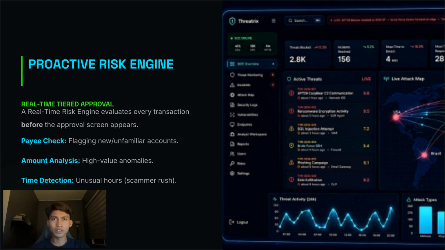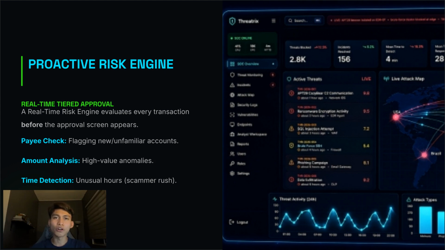If the engine flags an anomaly, it deploys a 3-tier response system: low risk actions move cleanly to normal approval, medium risk actions require immediate step-up authentication like an extra biometric or a specialized secure PIN code re-entry.